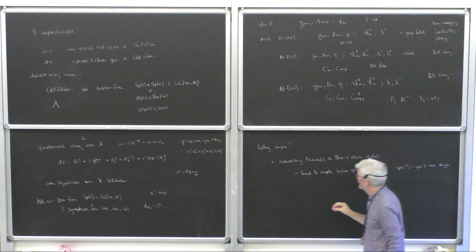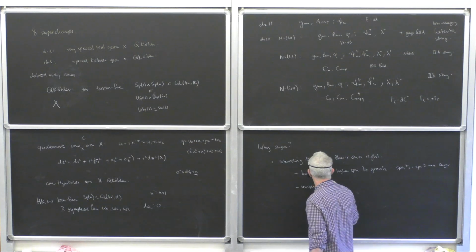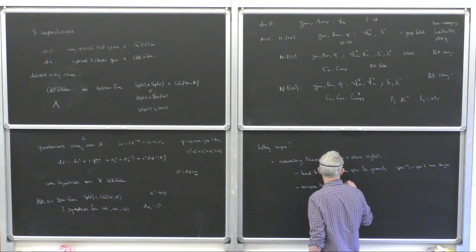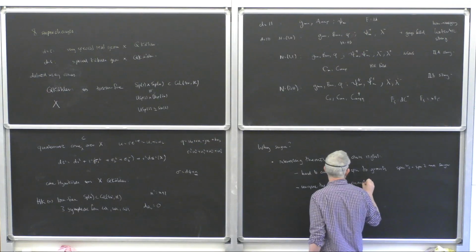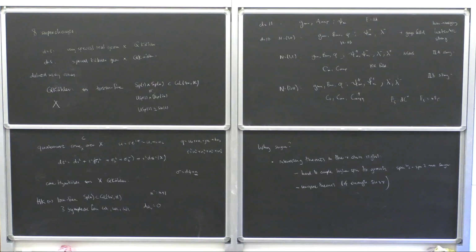And the other interesting thing is that they're unique theories, if you have enough supersymmetry. So that's always interesting, right? If there's somehow something that's kind of a unique theory.